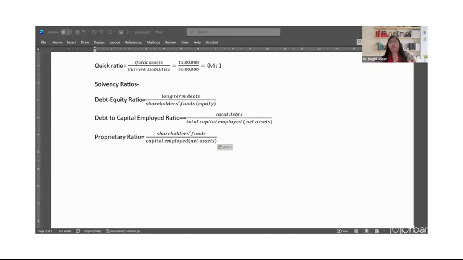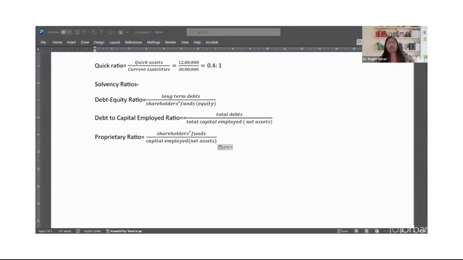Through this ratio, what do we find out? Through this proprietary ratio, we find out the magnitude of the proprietor or shareholders' funds in comparison to the total capital employed or net assets of the company.